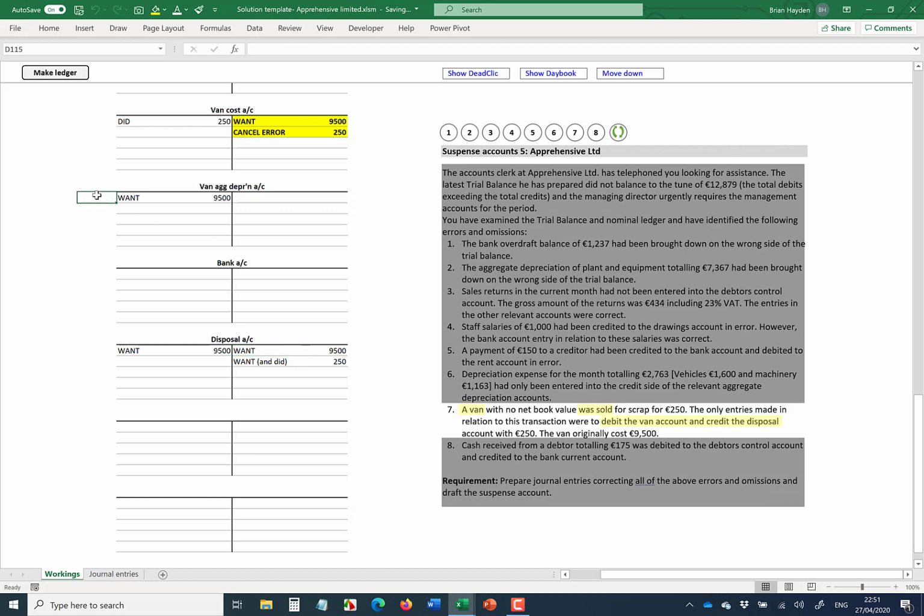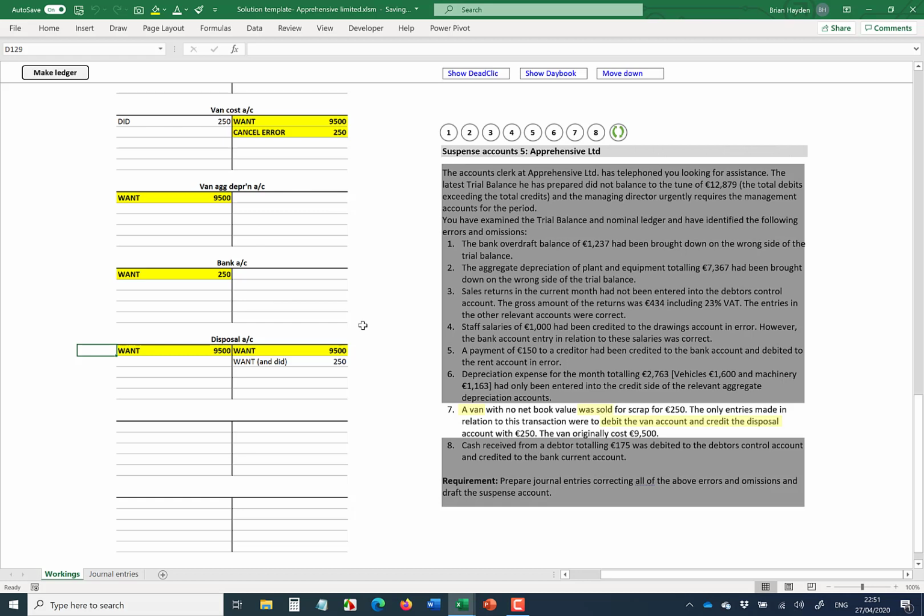Okay, so again, I'm just going to highlight the item there. And the $250 that we received, the scrap proceeds, you would debit the bank account and you would credit the disposal account. So again, we did the $250 credit, but we didn't have this. So all these items highlighted in yellow will be what we need to do to fix this item.